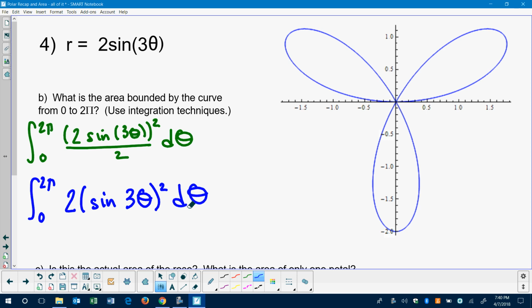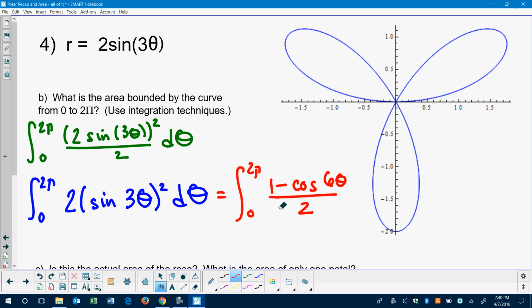Okay, so a little bit of tidying up gives us that. And then we need to use our famous identities. We're going to have 0 to pi, and the identity is going to give us 1 minus cosine 6 theta, since it's double the angle.